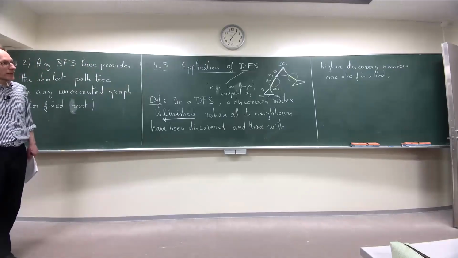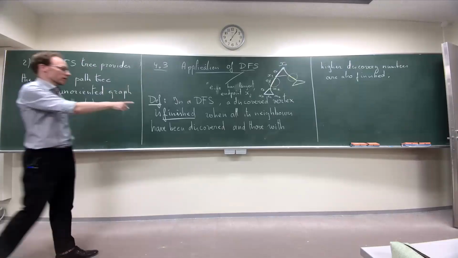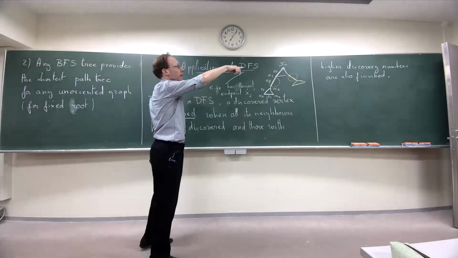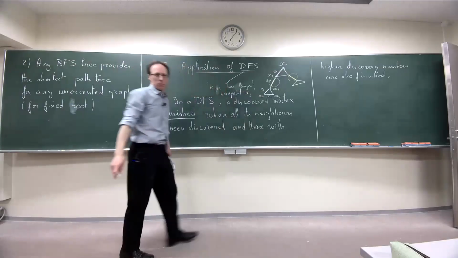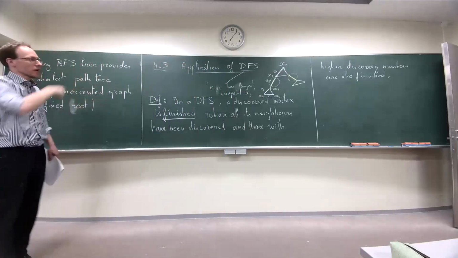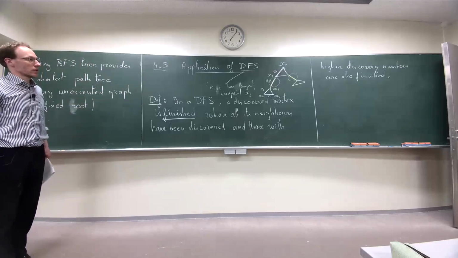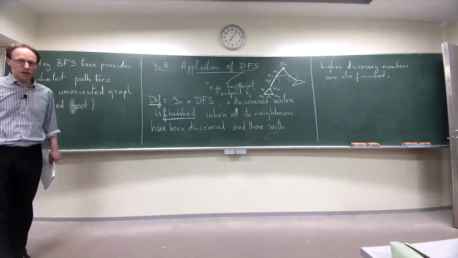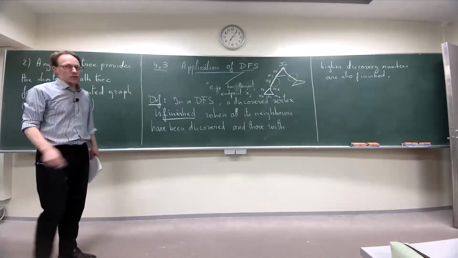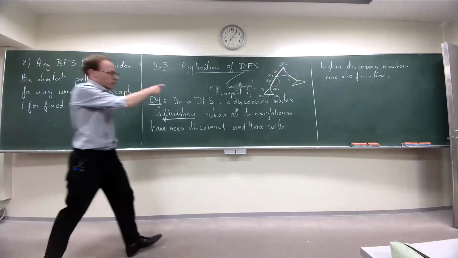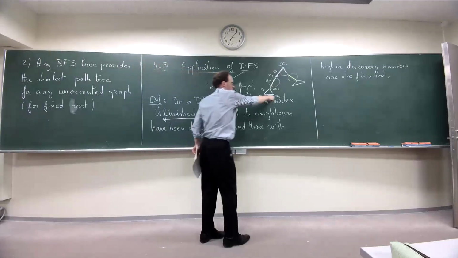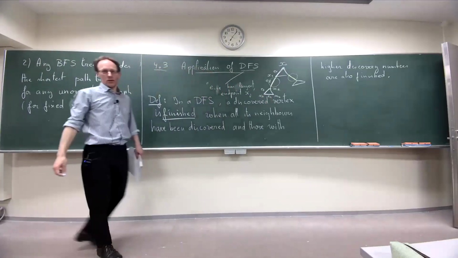But what does finished mean? Look, x4 is finished because all its neighbors have been discovered. Its neighbors are x3 and x2. Now, in fact, x3 is also finished because the one with a higher discovery index is finished, and so on.